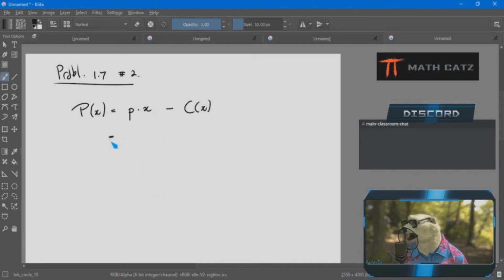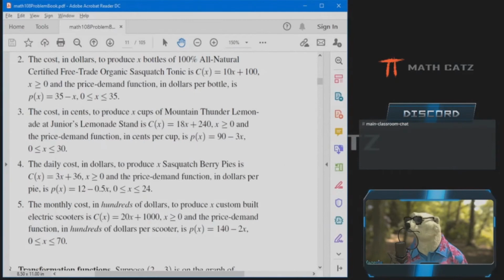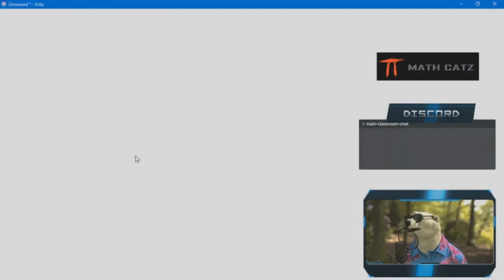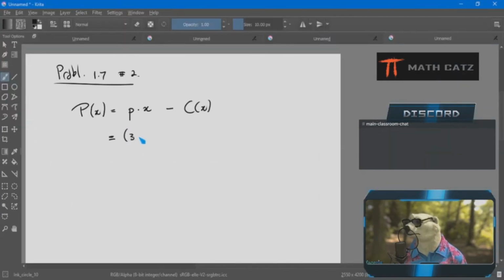And the price first is 35 minus X. So 35 minus X, and it's hard to know how the price and the cost are going to interact with each other to see where the optimal situation is for me. That's why I do this analysis. I have to look at the function, and that then tells me. But I have to simplify the function first.